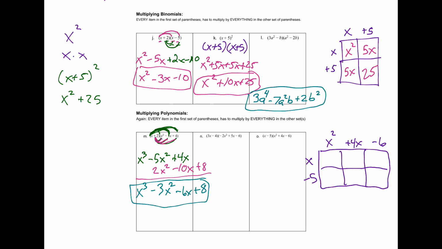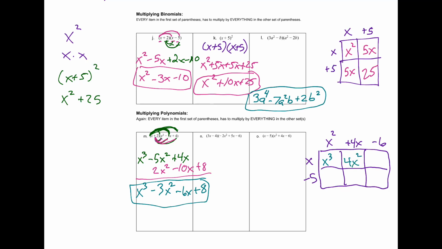So x times x squared, x cubed. Remember, we're just kind of lining stuff up. So this x and this x squared, they pair up right here. Okay, so to get to this box, we're going to look at this number and this number. So 4x times x, 4x squared.